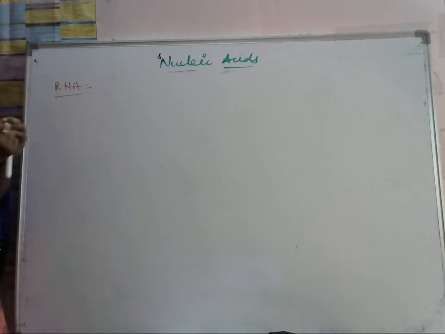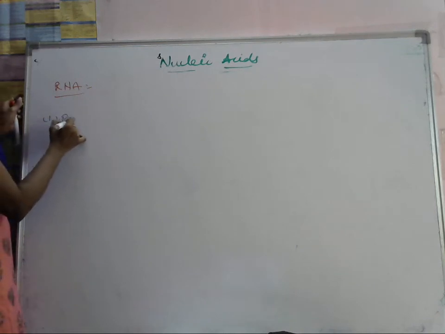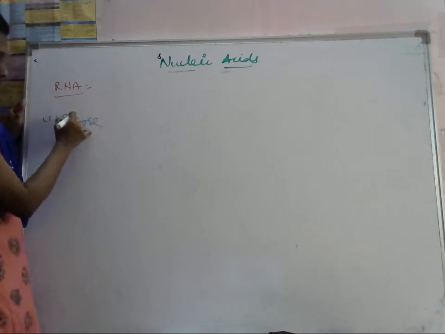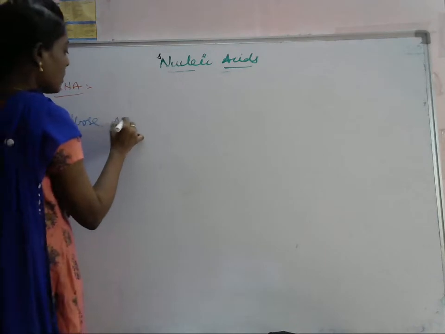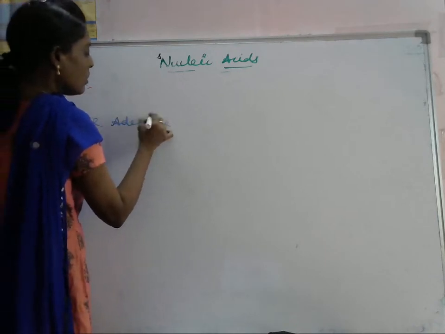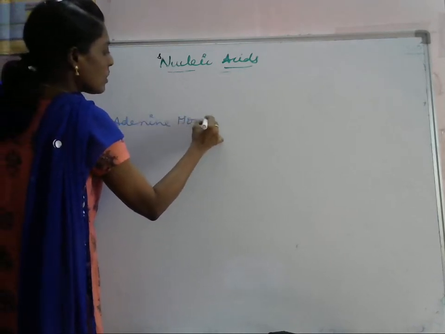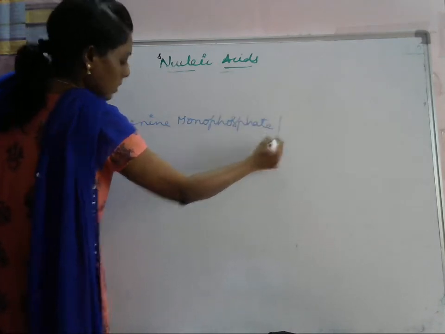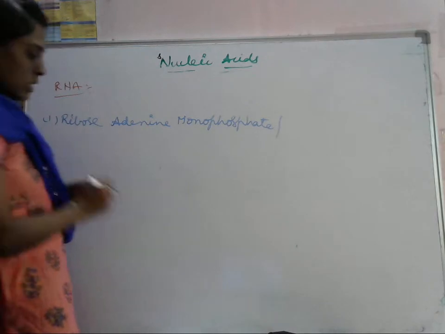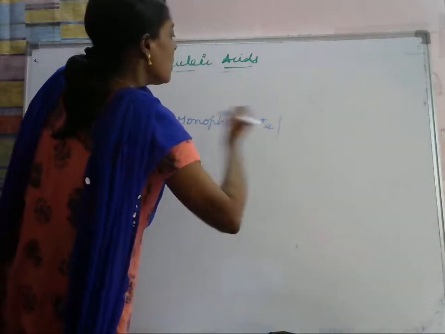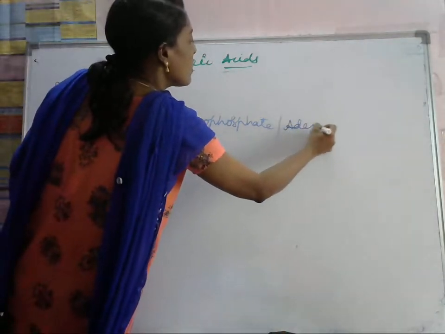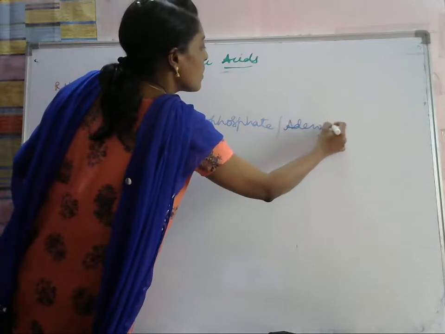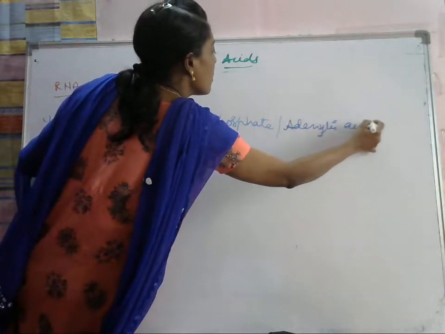DNA means 2'-deoxy; RNA means ribose. First one, ribose adenine monophosphate, or adenylic acid.